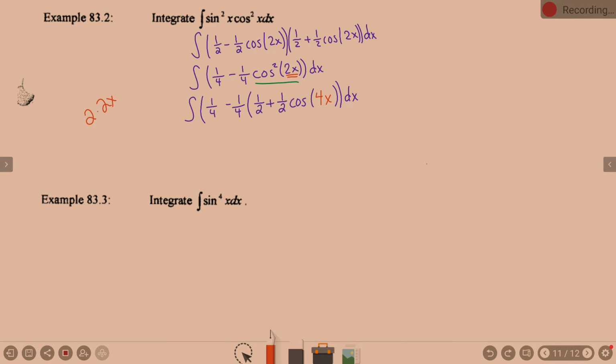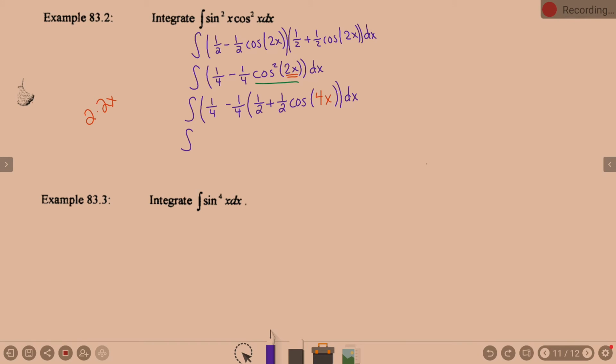Good news, we've got rid of the squareds. What can we do next? It's 1/4 minus 1/4 times this quantity in parentheses.